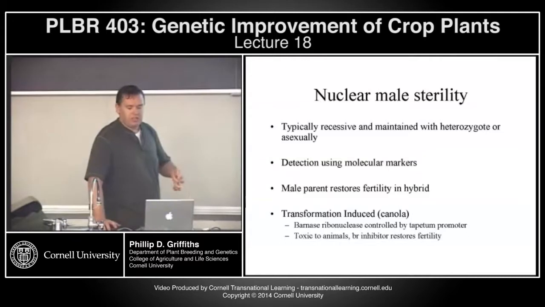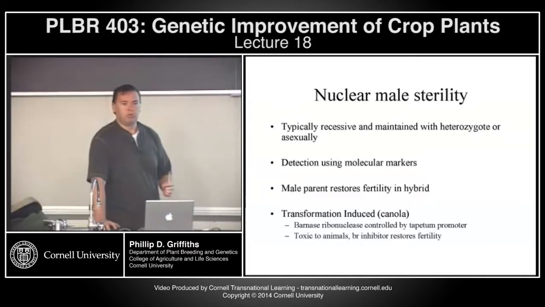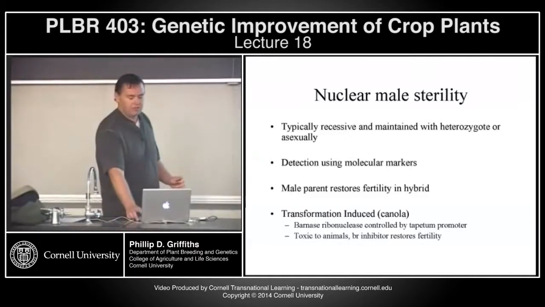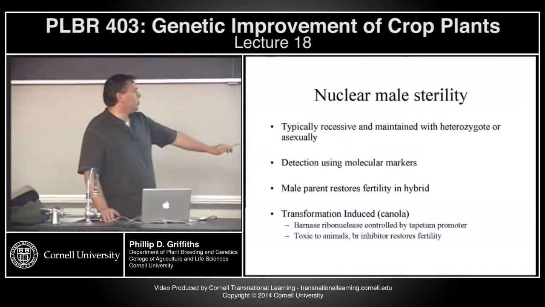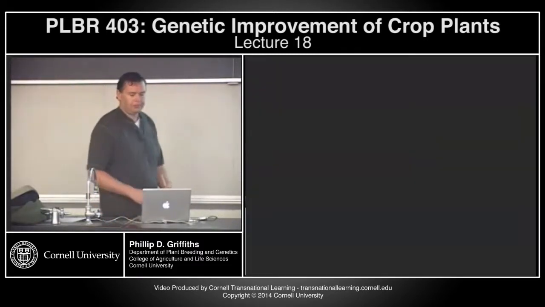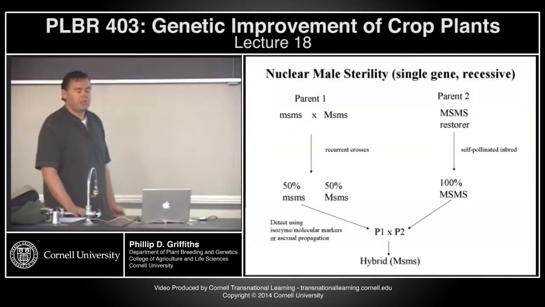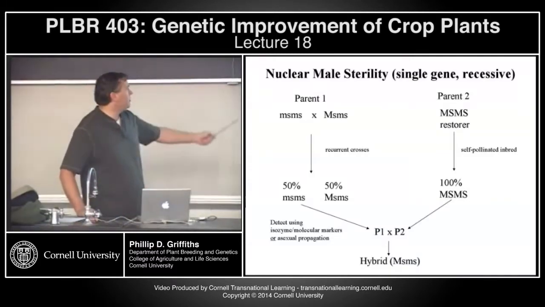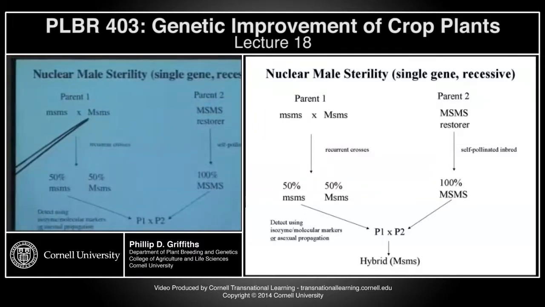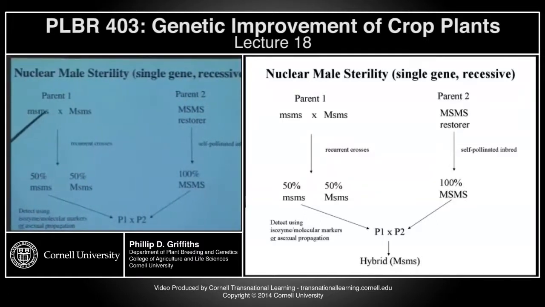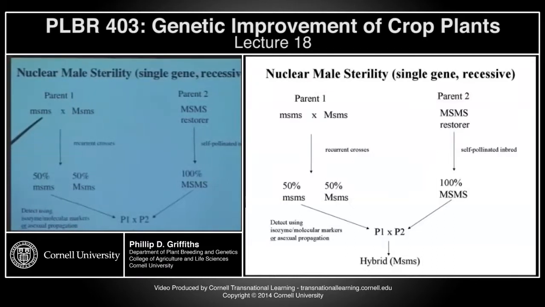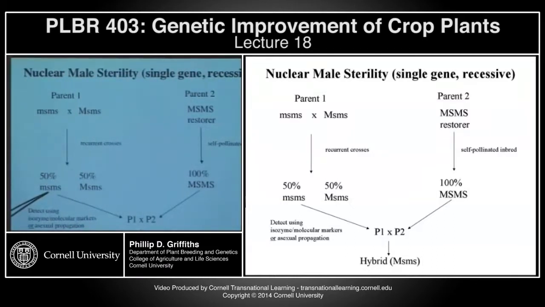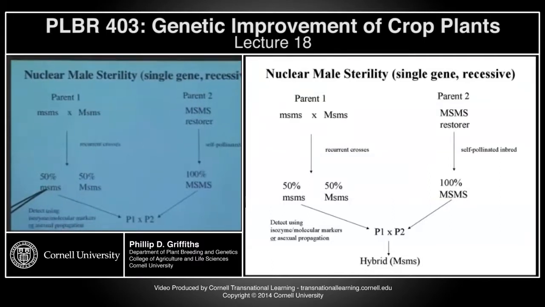With nuclear male sterility, we're just dealing with nuclear genes, so there's a little bit of difference in how we might set up the parents for crossing. This has also been achieved through transformation, as you can see in the case of canola. If, for instance, we have a single recessive gene for nuclear male sterility, we may recurrently cross onto the recessive male sterile type and then keep selecting the male sterile plants.